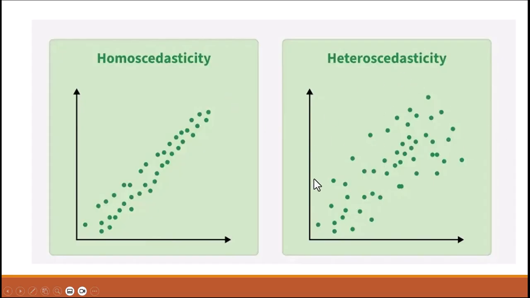But in this example, which shows heteroscedasticity, the variance is changing by increasing the independent variable.